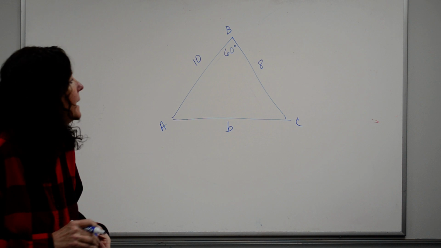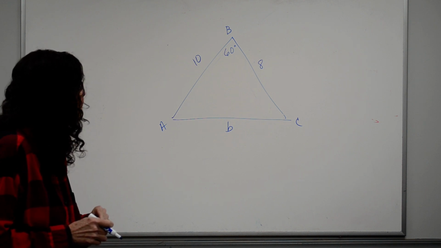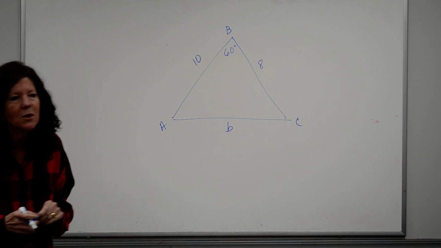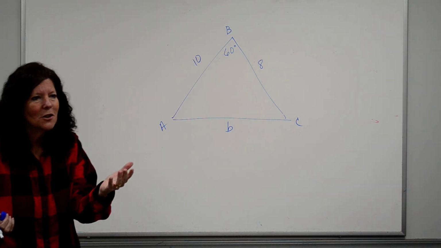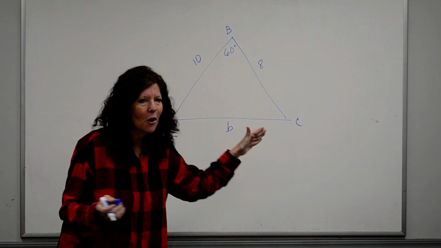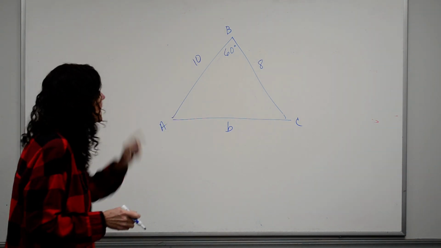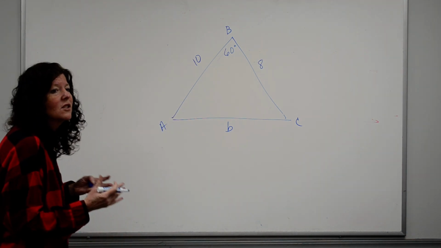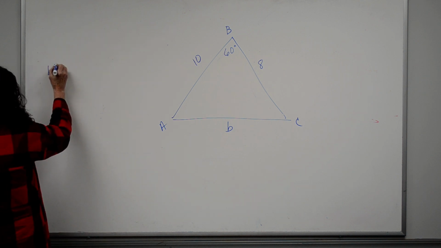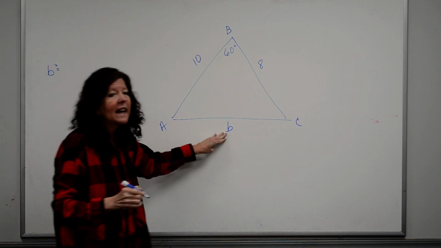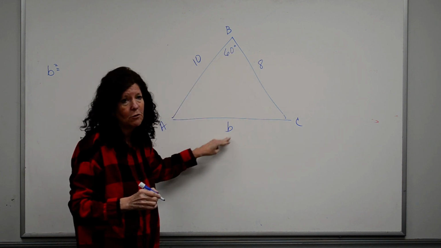Now, I'm going to do it with letters, but I want you to understand the letters are just positionings, because you know that you have different triangles that aren't A, B, C. So in this particular triangle, this is the pattern that you would use. B squared, in other words, the side opposite the angle that you know.